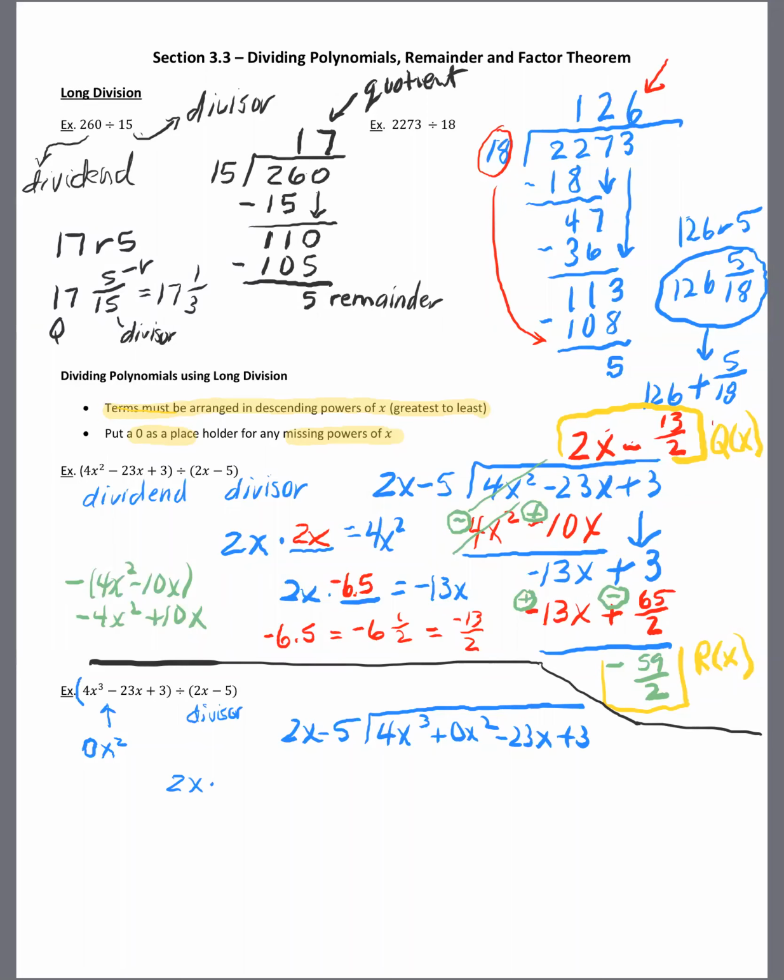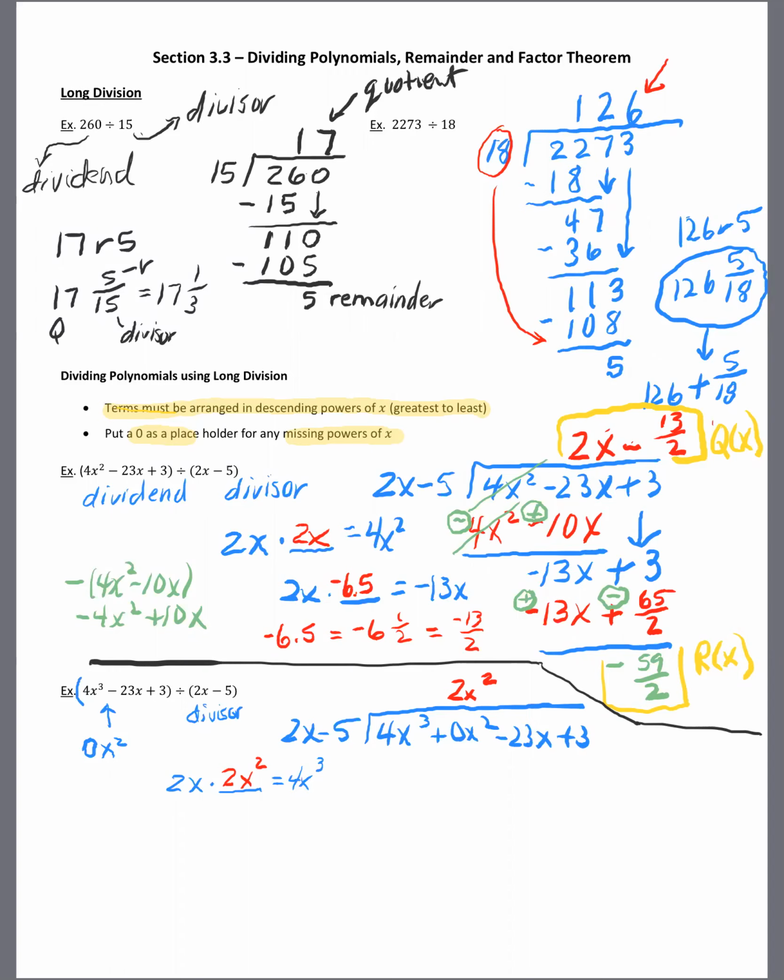So now you can see why we had that placeholder for the x squared term that was missing. When I go to place my quotient up above my dividend here, the quotient starts off as 2x squared. If I didn't have that column ready for it, I wouldn't have had a place to store it.